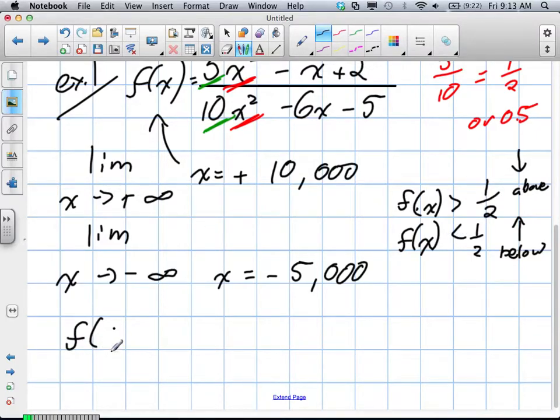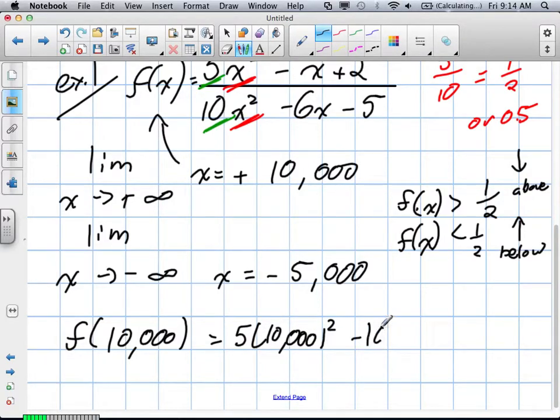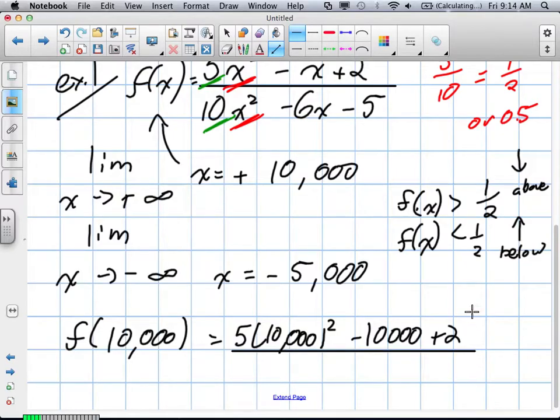F at positive 10,000. Now I could factor this and possibly make it a little easier, but we do have calculators these days, so let's just use that. Minus 10,000 plus 2, divided by... as I type this in, someone wouldn't mind trying to solve it on a calculator.